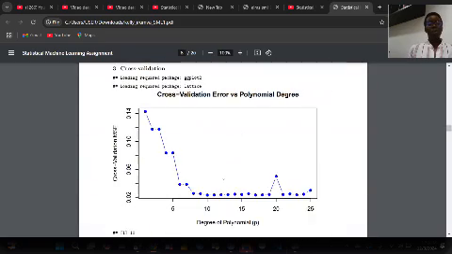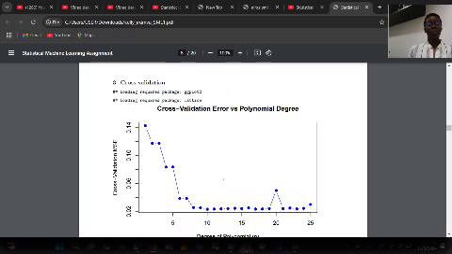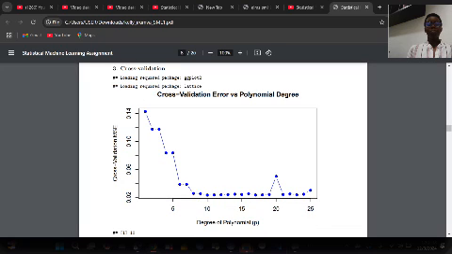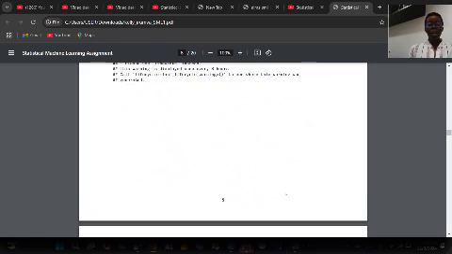And we go on to cross validation. With cross validation, we see by this plot that as the degree of the polynomial p increases, the cross validation error decreases.